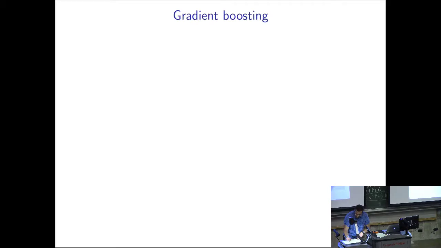You could substitute tree here with any other kind of simple method. This is called a weak learner in the context of gradient boosting. But this could be anything that you can fit somewhat efficiently.